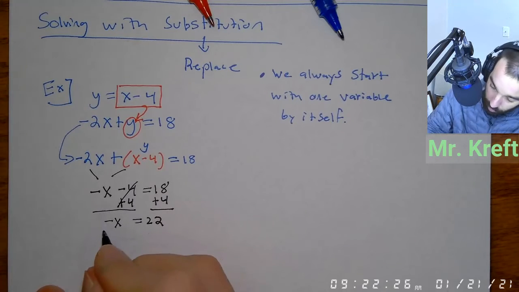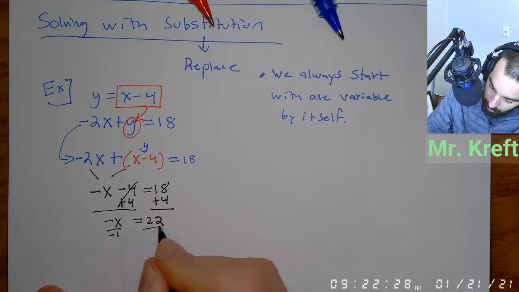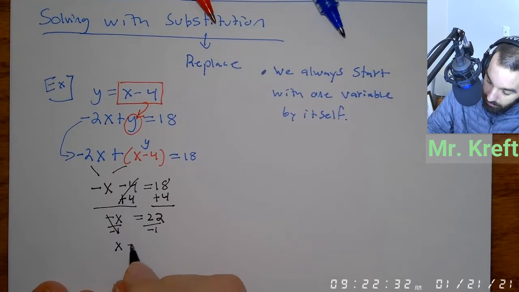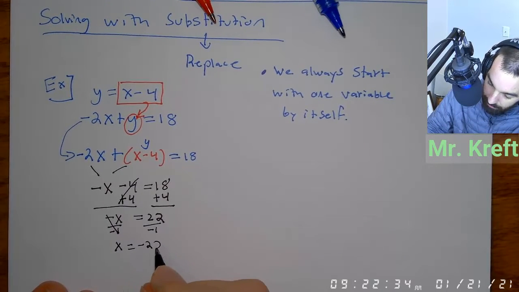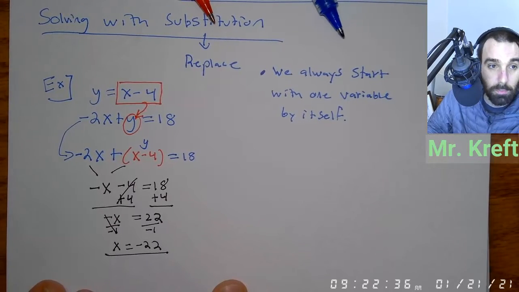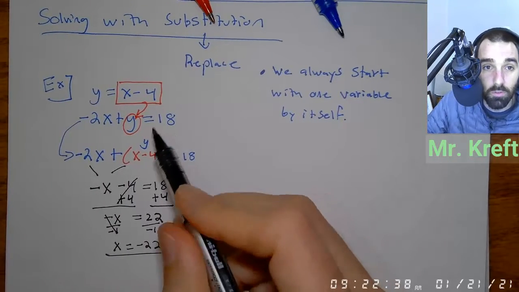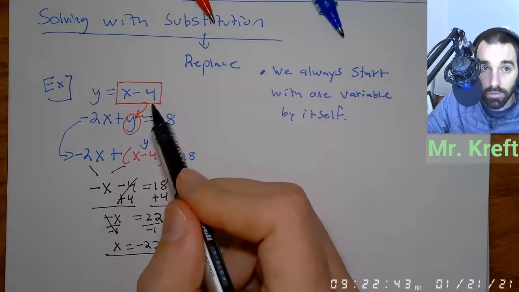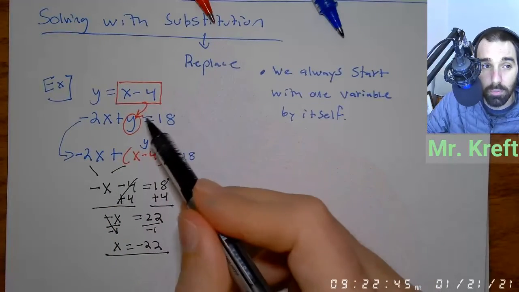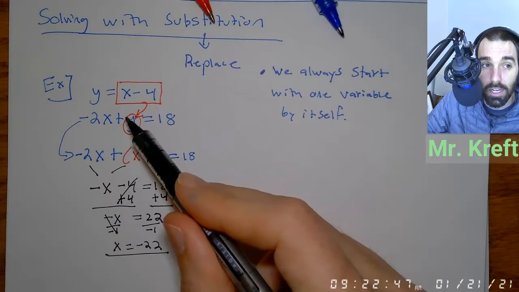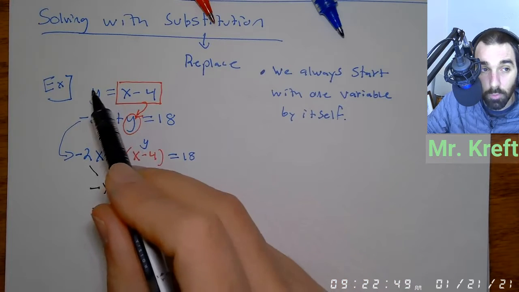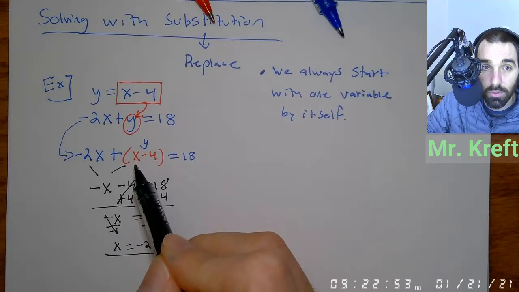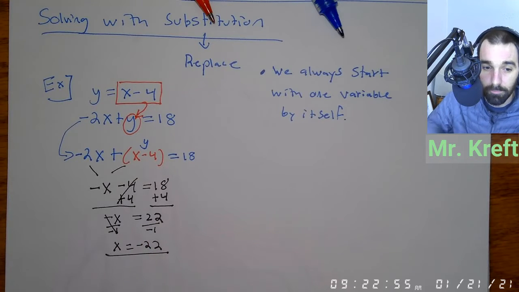And then it's a negative, so if I divide by negative 1, the negatives go away, but on the right side, I get a negative. So there's my x. Again, with substitution, one of our variables is already solved for. We're going to replace that variable every time we see it. So if y equals x minus 4, every time I see a y, I can replace it with x minus 4.